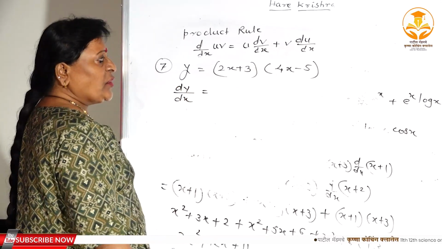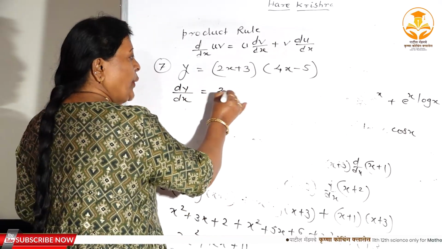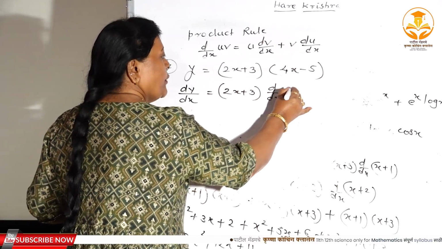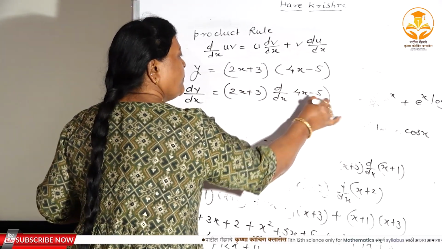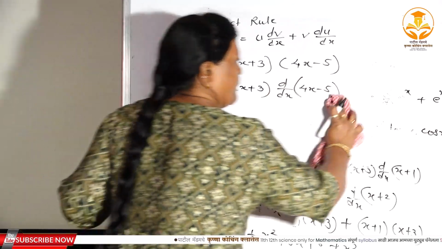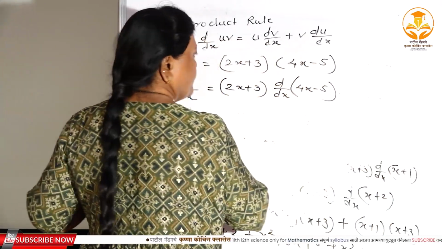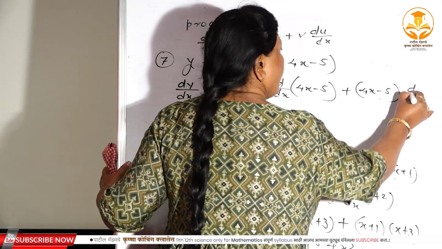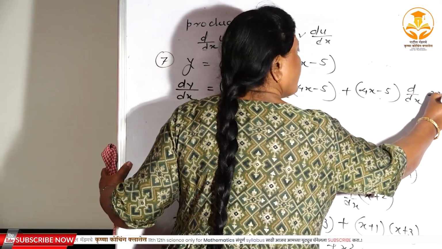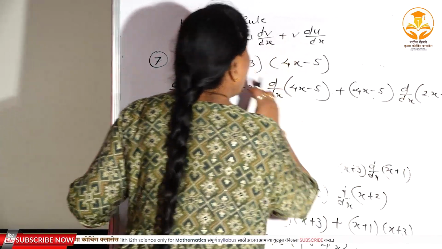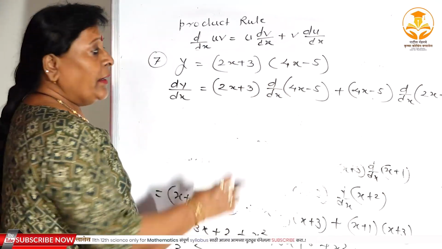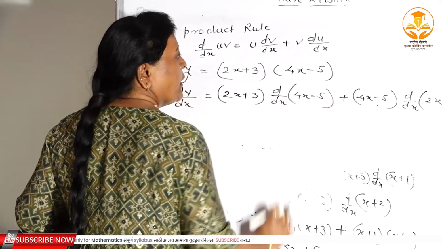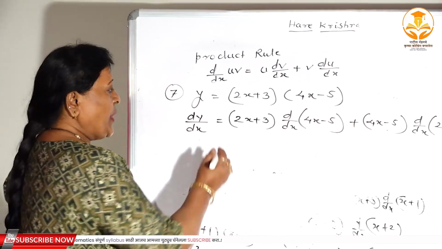Again there is a multiplication of 2 brackets. 2x plus 3 remain as it is, take derivative of 4x minus 5, right? Plus 4x minus 5 remain as it is, d by dx of 2x plus 3. Right? First bracket remain as it is, take the derivative of the second one, plus second bracket remain as it is, take the derivative of the first one, isn't it?